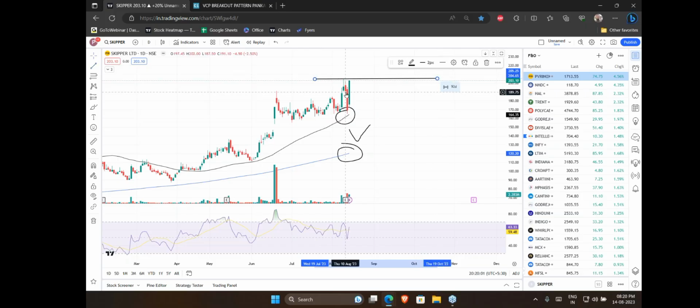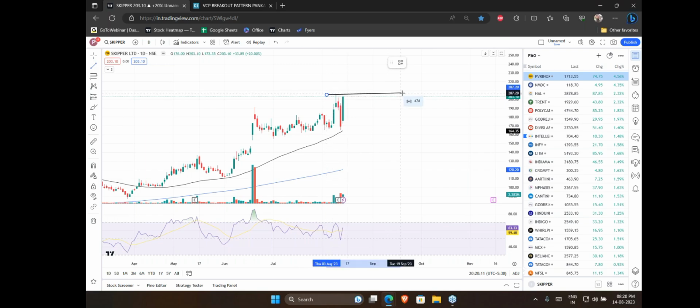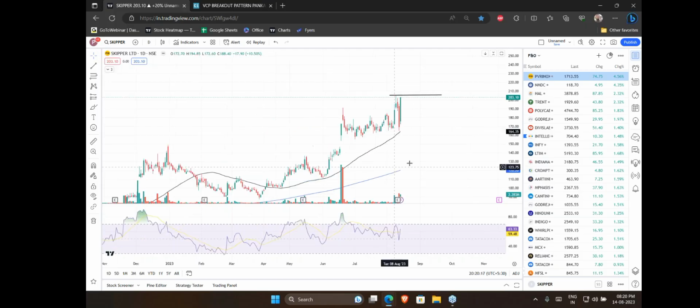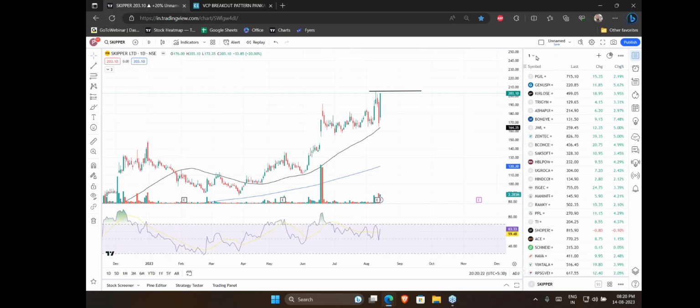That is, we have a buy above 205. We can plan an entry that is going to be buy above 205. Let's see what will happen in the stock.